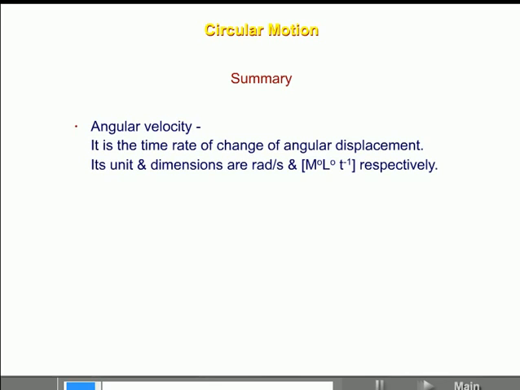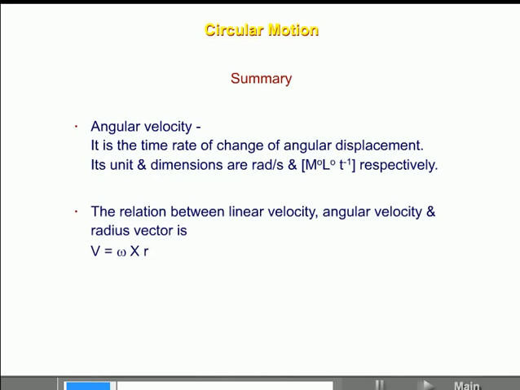Its unit and dimensions are radian per second and M to the power 0, L to the power 0, T to the power minus 1 respectively. The relation between linear velocity, angular velocity and radius vector is v is equal to omega multiplied by r.